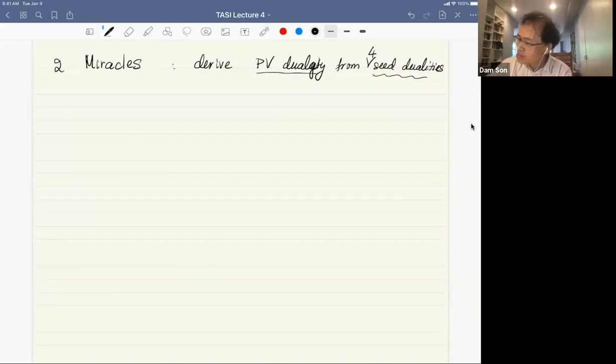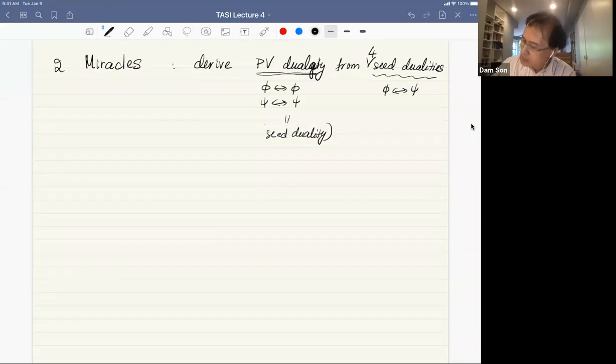This seed duality is a duality between boson and fermions, while the particle vortex duality is a duality between boson and boson, or fermion and fermion. So that particle vortex duality is derived by applying the seed duality squared. We iterate the seed duality twice in a certain combination, and then we will get this particle vortex duality.